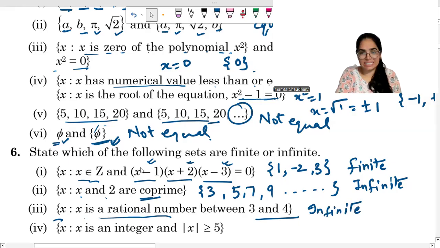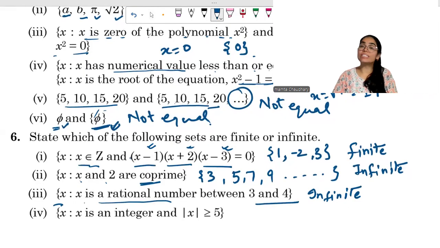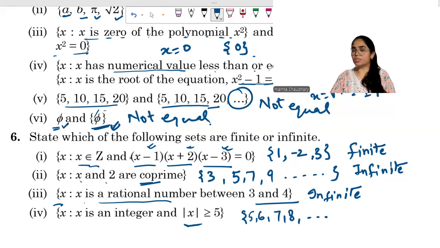Now next, x is an integer and mod of x is greater than or equal to 5. Mod means again the absolute value without sign. So we have to write those integers whose positive values are greater than or equal to 5. I can write 5, 6, 7, 8, like that, so many numbers.